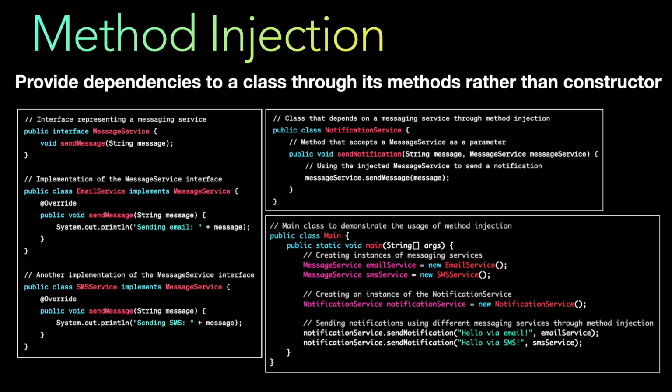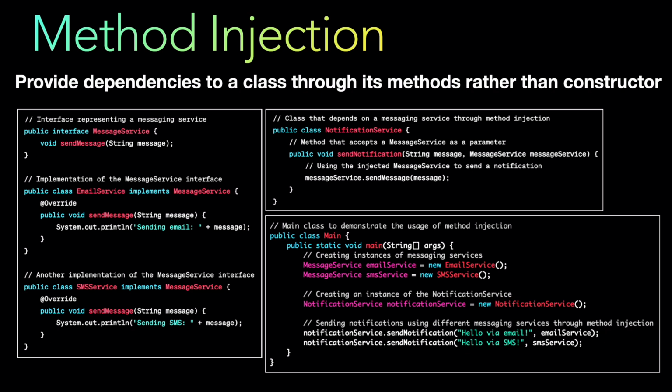If you see the last two lines in the main class, notification service dot send notification, we are passing the email service, and then notification service dot send notification, we are passing the SMS service. This is how you are injecting the dependencies, the email service and the SMS service, through its method.